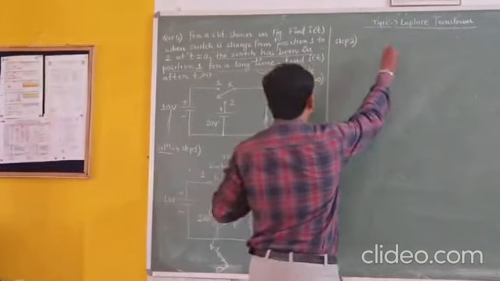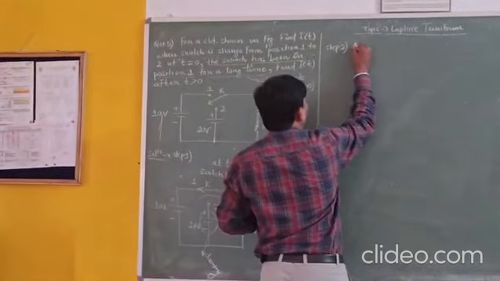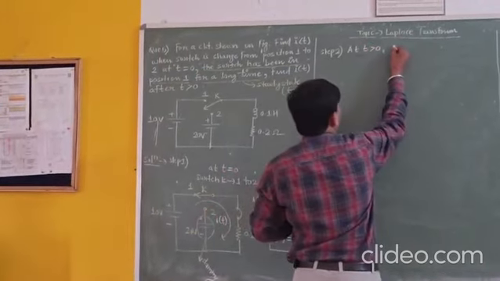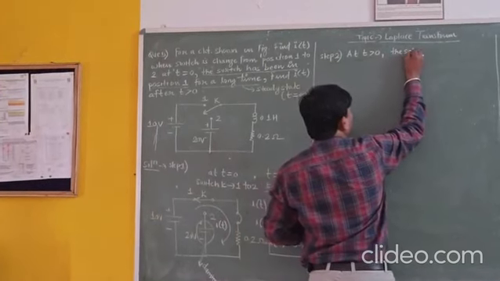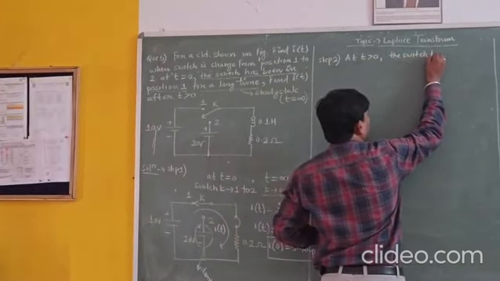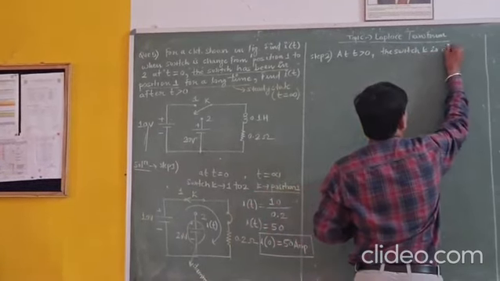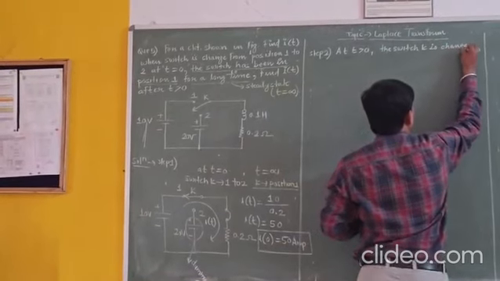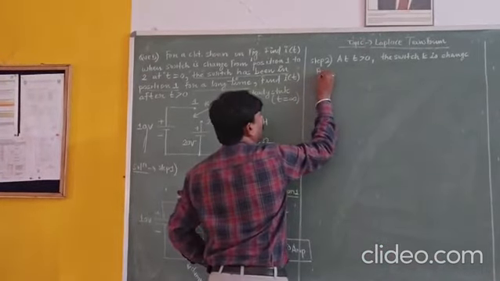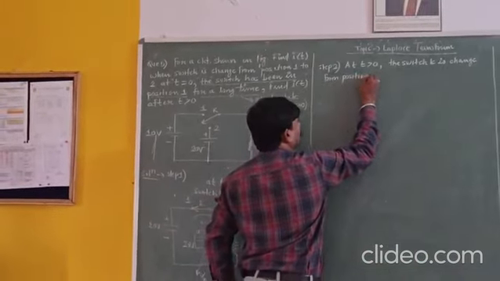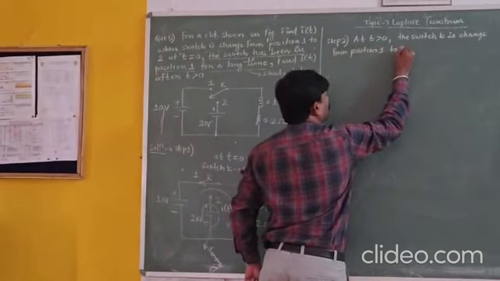So now at t greater than 0, the switch K is changed from position 1 to 2.